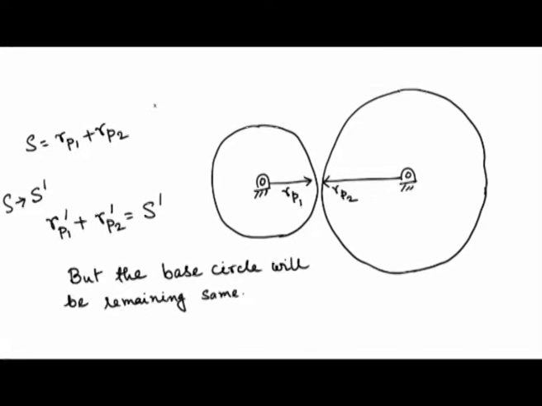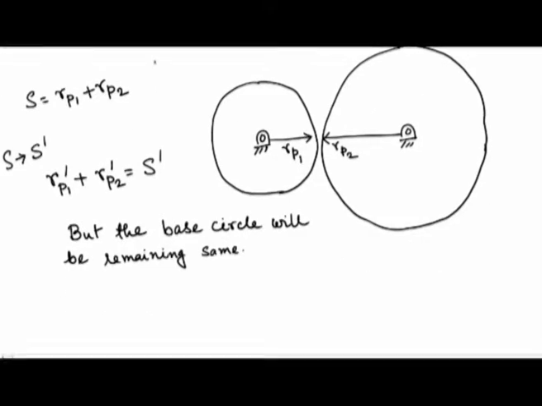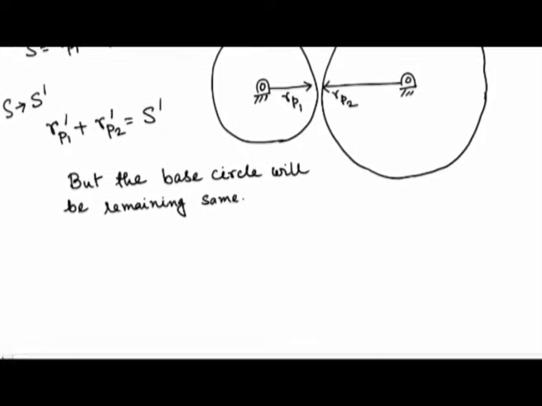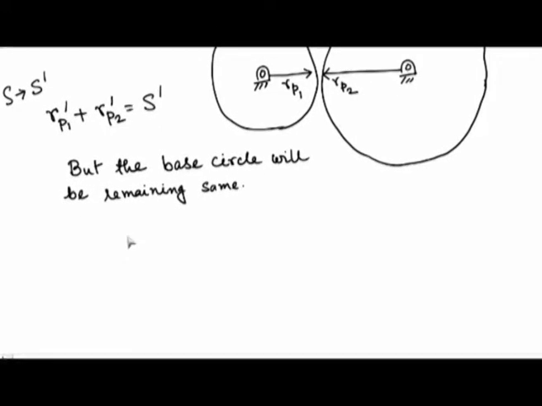So merely changing the shaft distance between the two meshing gears will not change the base circle. So in other words, what we had seen in the last class was that RB was RP cosine phi, where phi is the pressure angle.